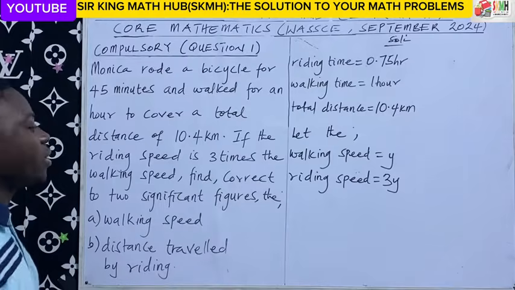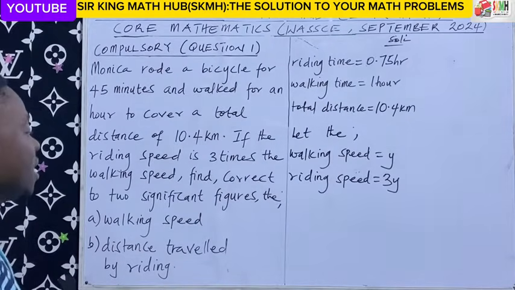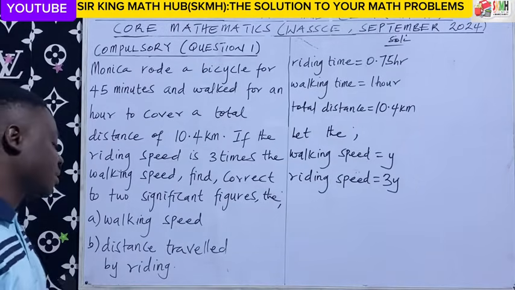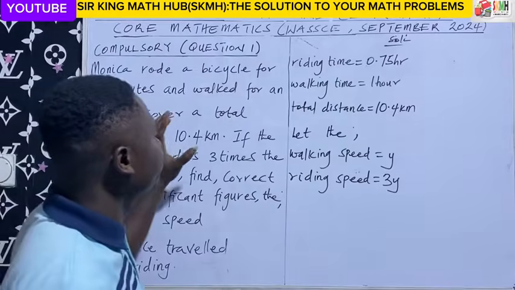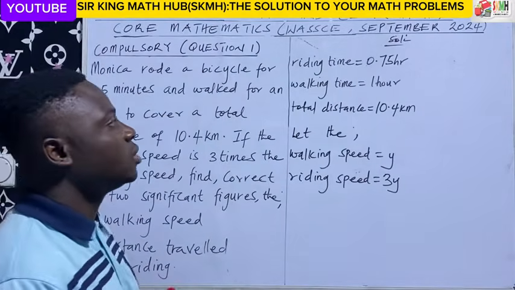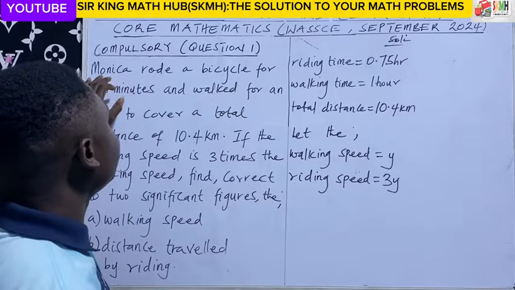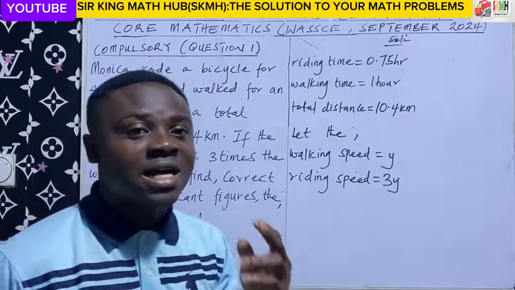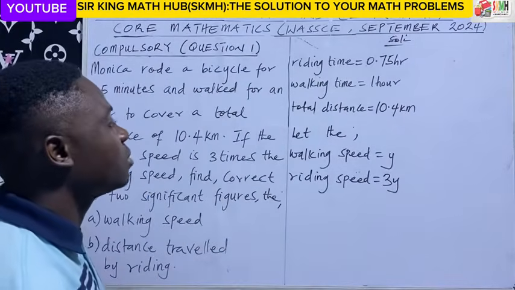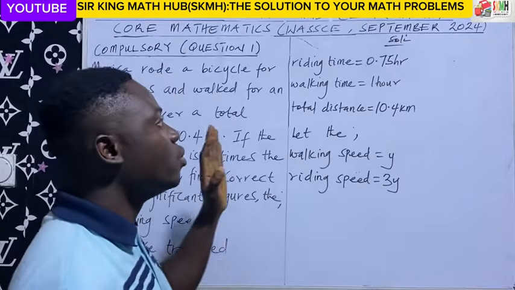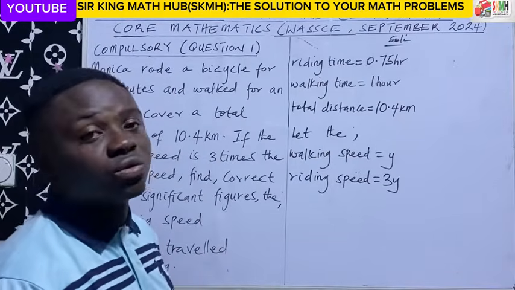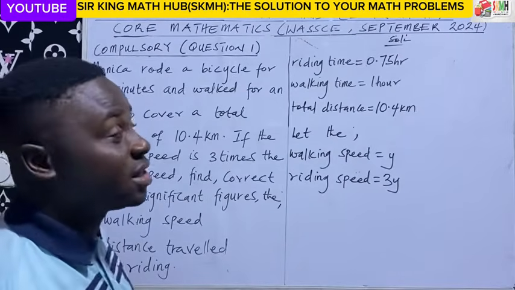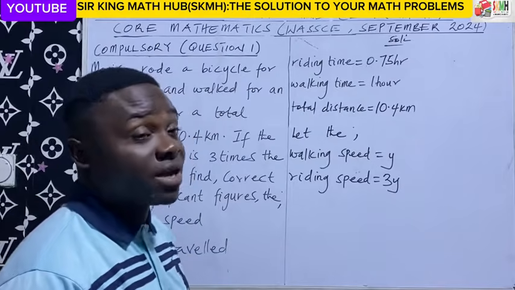We have to find, correct to two significant figures: A, the walking speed, and B, the distance traveled by riding. To cover a total distance of 10.4 kilometers, she rode a bicycle to cover some part of the distance, and then she walked the remaining distance by foot.